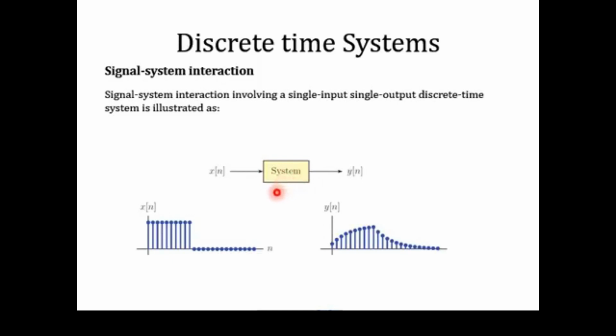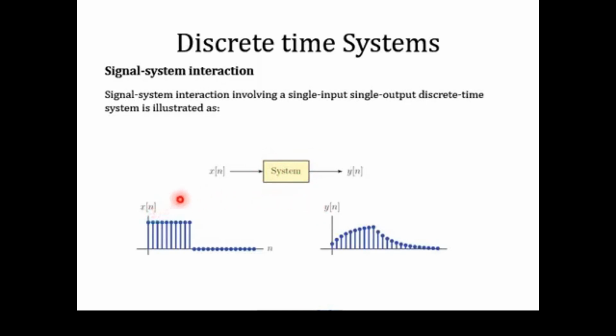Now, whatever the kind of system, whether it's a real-time processing system or a post-processing system, what is the ultimate target? We want to represent this system by a certain mathematical equation, or in other words, we want to develop a model of discrete time system which can relate y of n and x of n.